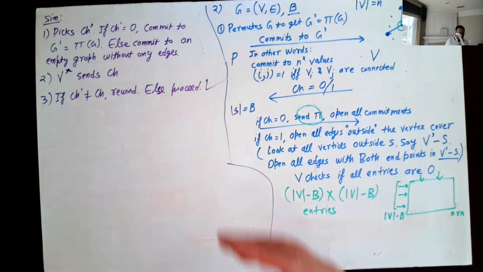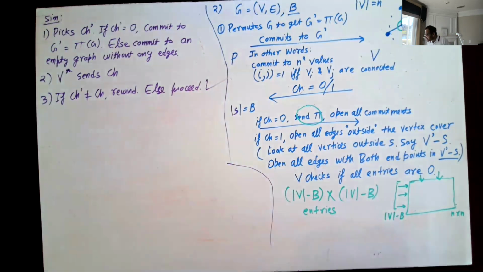And I don't have time to go through the hybrid argument in detail, but the basic idea is you look at both cases, challenge 0 and challenge 1, and you try to argue that real and the simulated transcripts look indistinguishable.